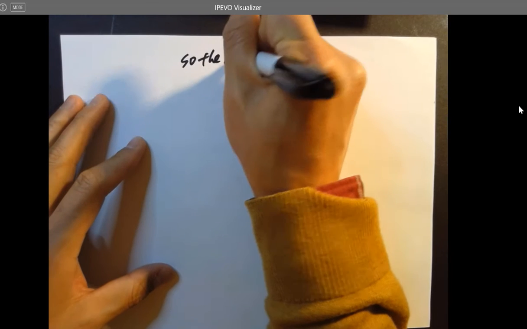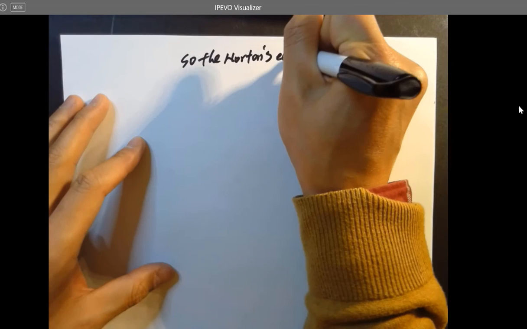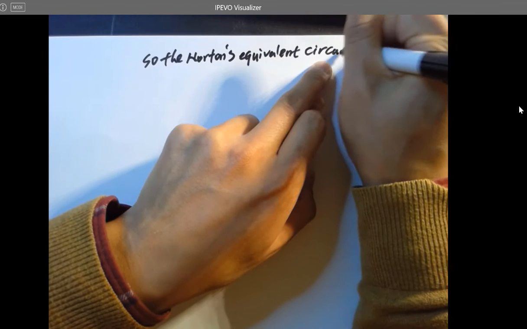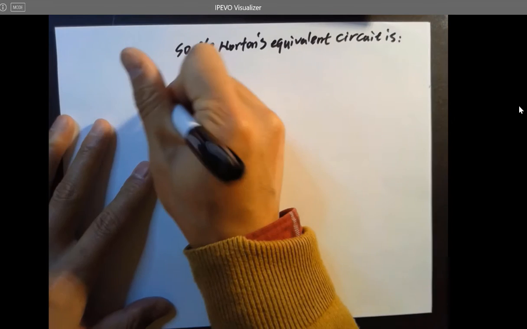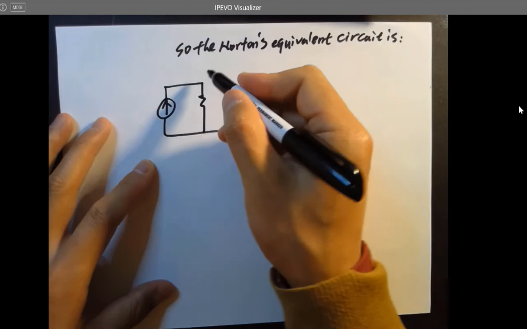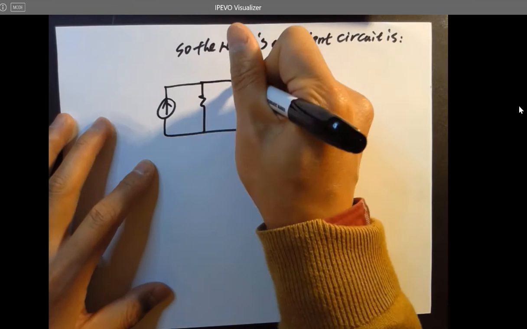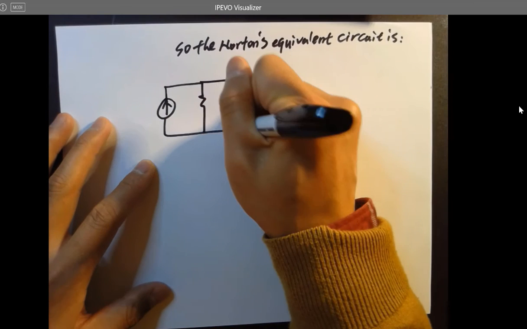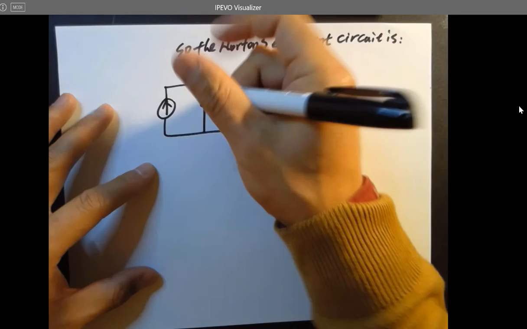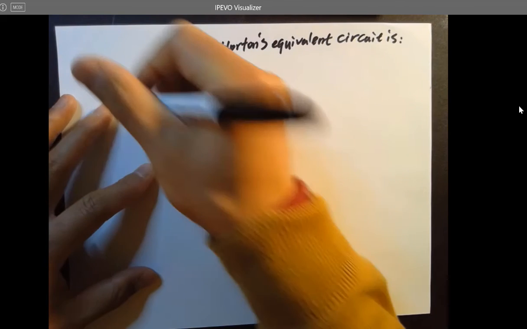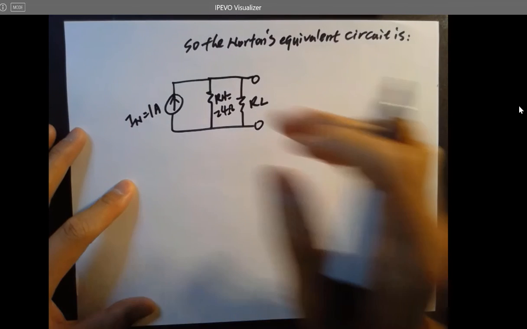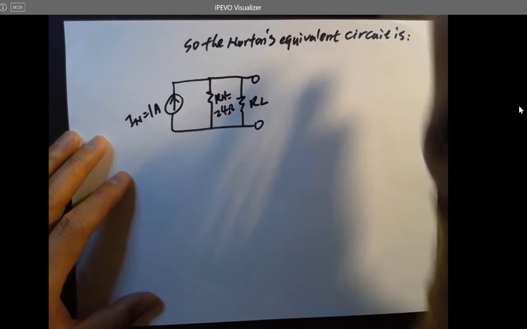Keep in mind, the resistor is in parallel with the current source, instead of in series as in a Thevenin's equivalent circuit. This is RL, and Rn equals 24 ohms, and In equals 1 amp. That's it. That's the Norton's equivalent circuit of the original linear circuit.